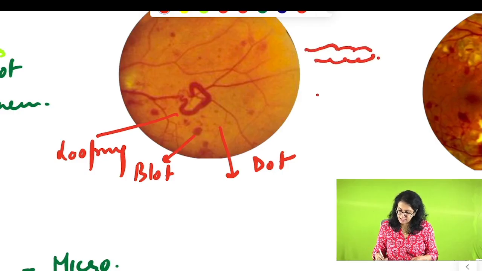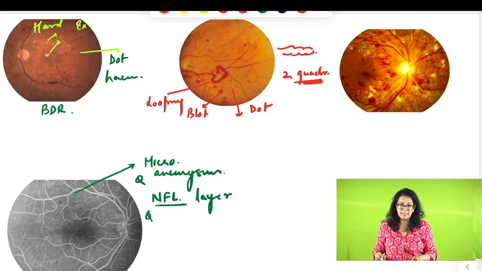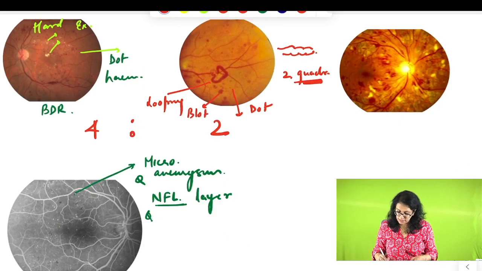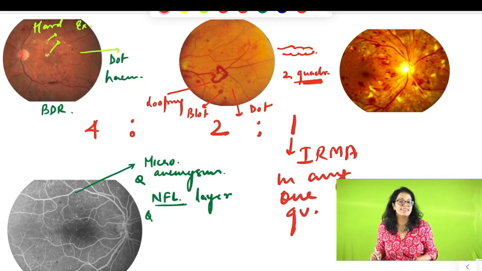So if you get it in any 2 quadrants, then this is also severe NPDR. So I said hemorrhage and microaneurysm in 4 quadrants is the 4, either this in 2 quadrants, or what is the one? IRMA, intraretinal microvascular abnormality, in any 1 quadrant. Okay, so this is what is severe NPDR.